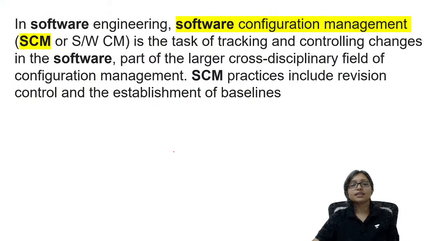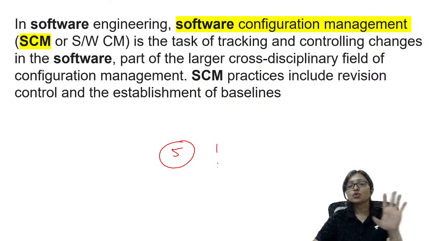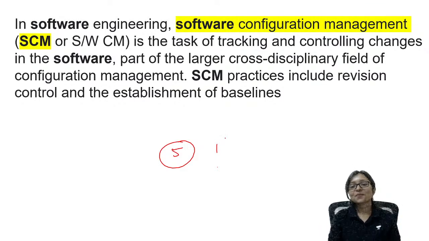So now tell me the 5 types of coupling, the sequence, and the most important point. Acha, already Twinkle wrote that. Twinkle, when I am showing, then don't write it. When I am not showing, then try to recall it. Data, stamp, control, common, content.